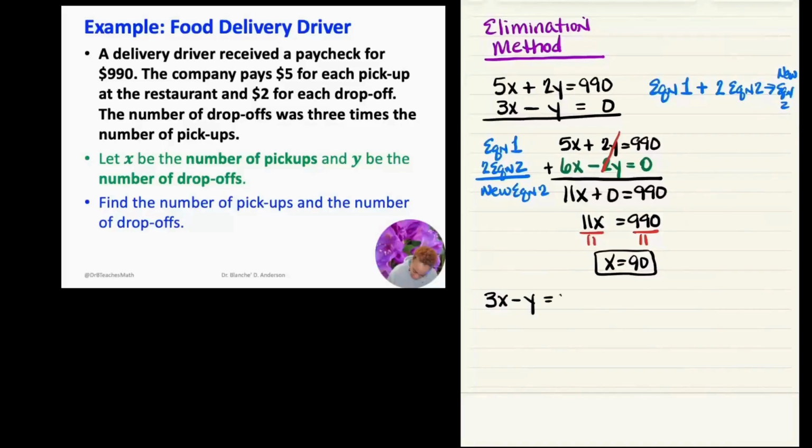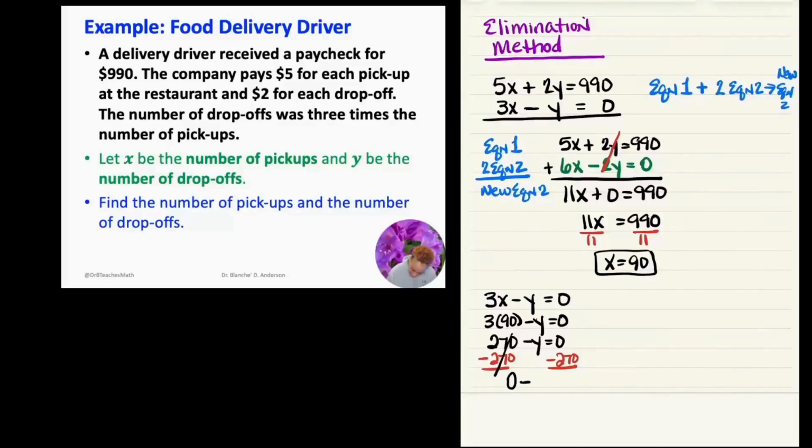So 3x minus y equals 0. 3 times 90 minus y equals 0. So you have 270 minus y equals 0. I'm going to subtract 270 on both sides. This becomes 0.